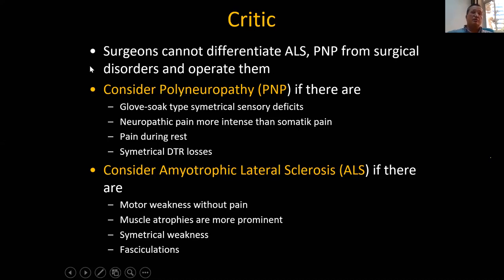To avoid that criticism, we must consider polyneuropathy if there are glove-and-stocking type symmetrical sensory deficits, neuropathic pain more intense than somatic pain, pain during rest, and symmetrical deep tendon reflex losses. Consider ALS if there is motor weakness without pain, more prominent muscle atrophies, symmetrical weakness, and fasciculations.